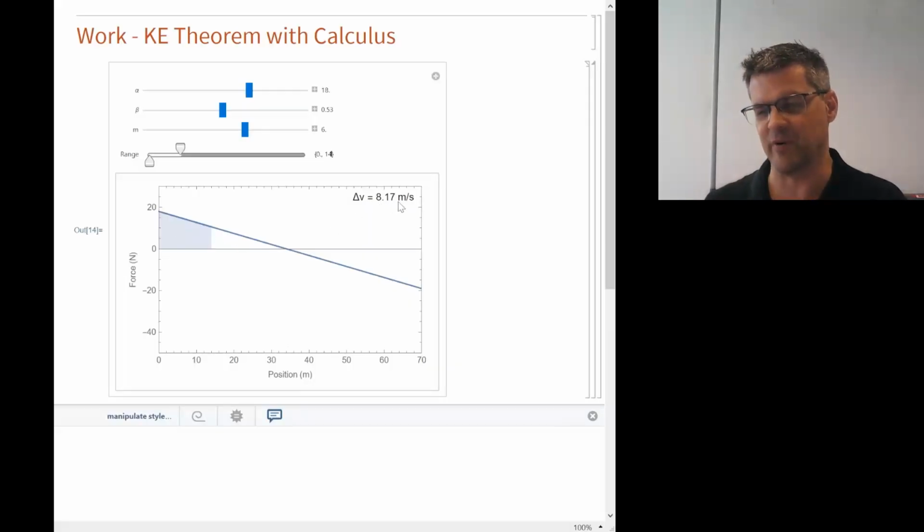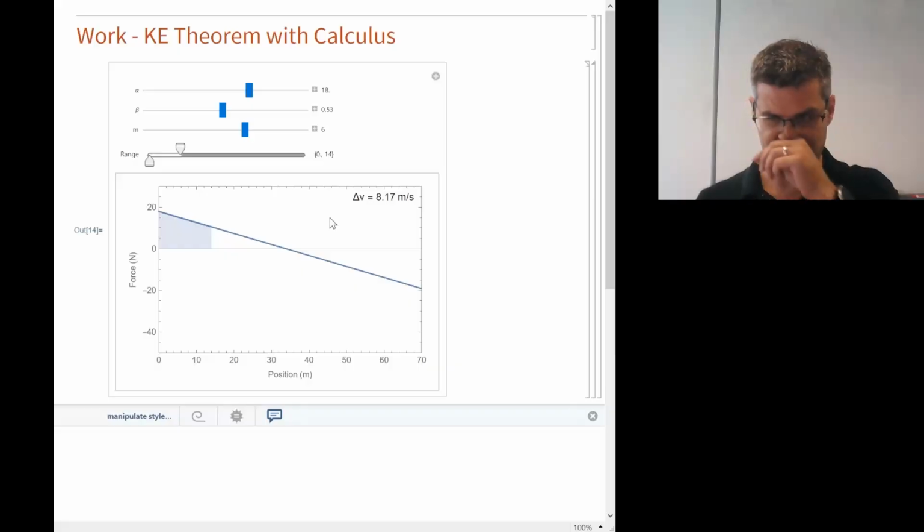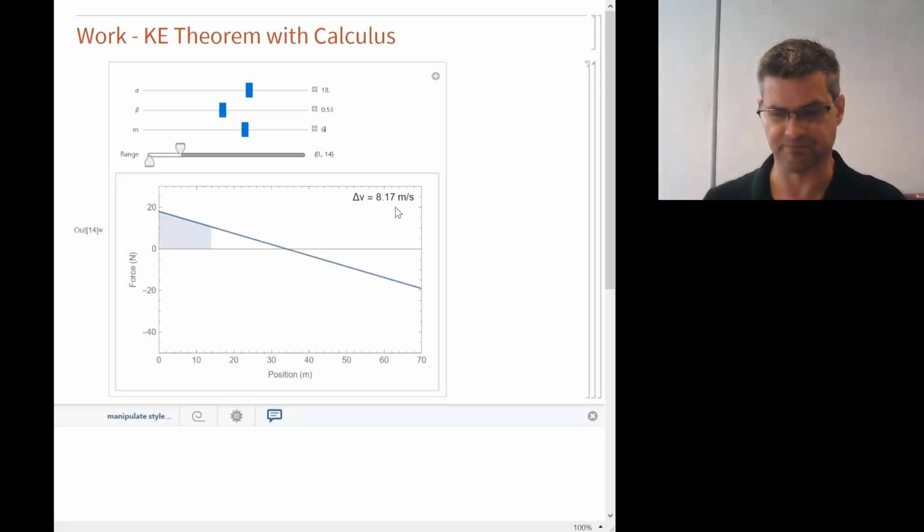It says 8.17, but you know, it would have been different for different masses. If things were light, it would have gone faster. If things were heavier, it would be going a little bit slower. But for our particular mass of 6 kilograms, this area was calculated as this thing we found on the piece of paper. So yeah, we got this right. This is what's going on.